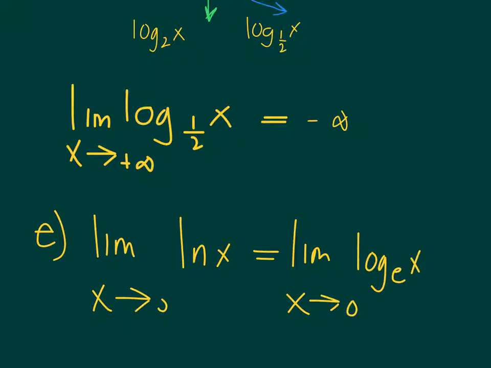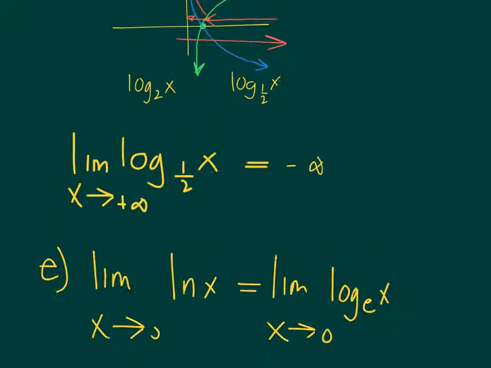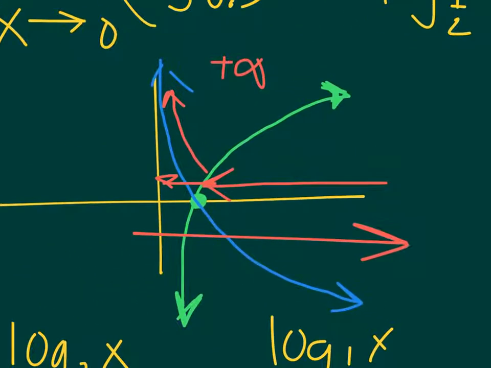But what is e? 2 point something. So if we are going to select between the blue and the green one, the graph will be following the green. As x approaches 0, what is happening to the graph? Approaching 0 from the right.